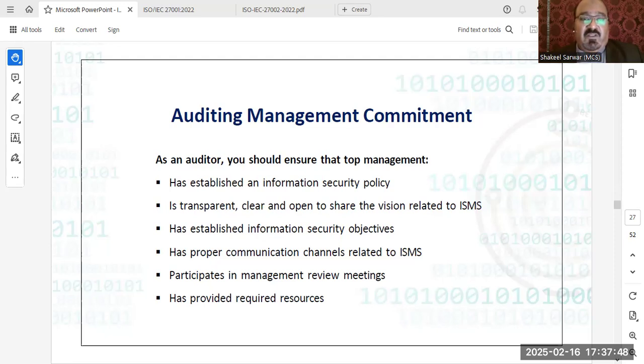Ensure participation in management review meetings, make decisions and actions deemed necessary for ISMS, provision of all types of resources required for the operations of ISMS, ensure proper communication related to information security at all levels within the organization.